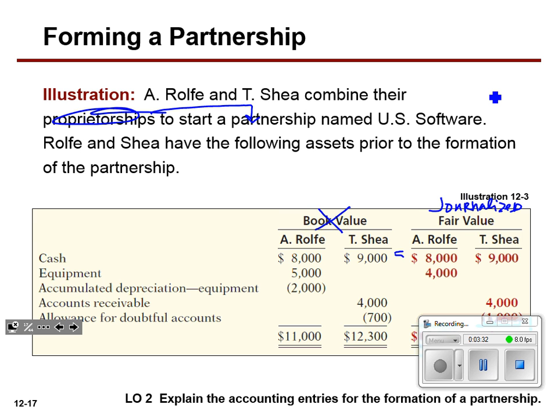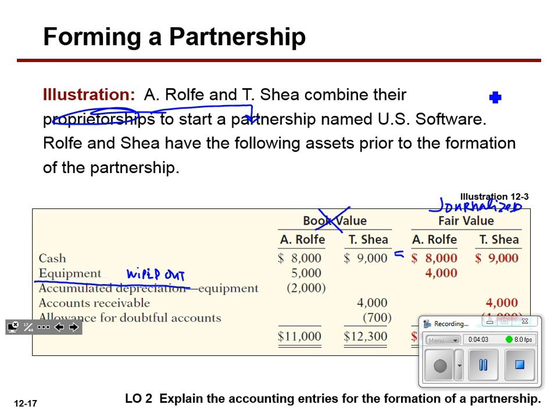Here's what you need to know about accumulated depreciation. Accumulated depreciation gets wiped out. And I want to read to you exactly what the book says about accumulated depreciation. Let me find it. A partnership does not carry forward any accumulated depreciation from the books of a previous entry. So it gets wiped out.